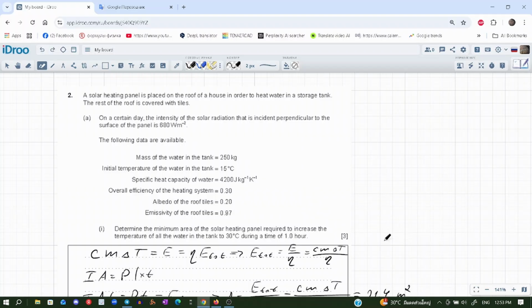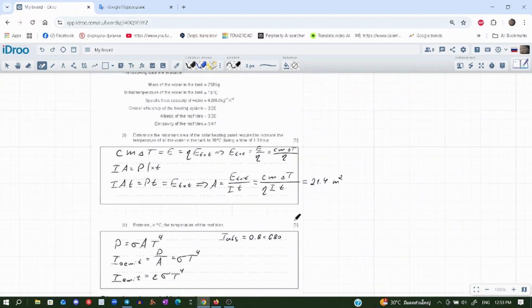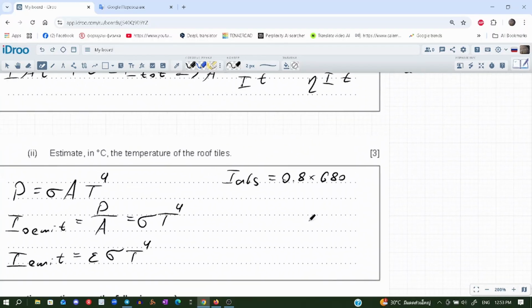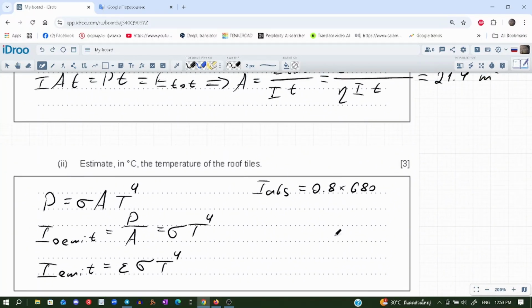So albedo, this is like how much it reflects. So it reflects 20% and it absorbs 80%. So 80% of this intensity is absorbed, which is by the way how much? 544 watts per meter squared. Absorbed.